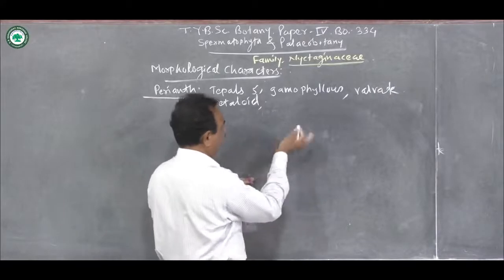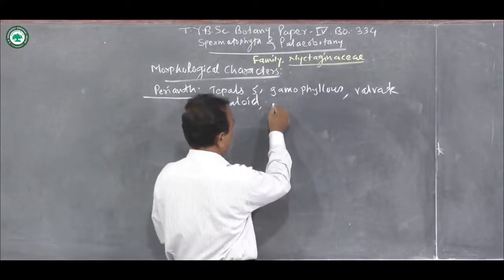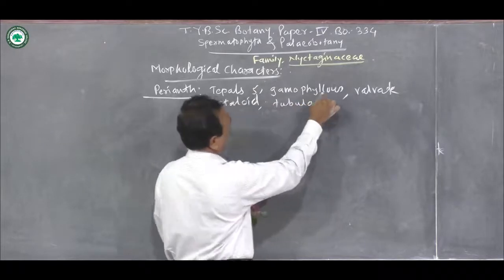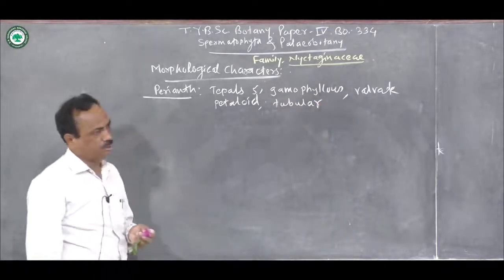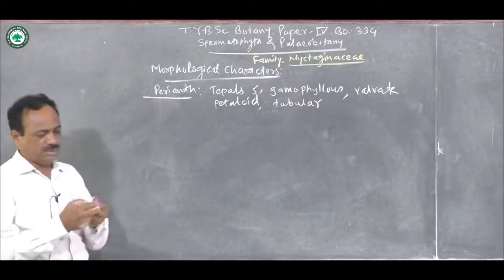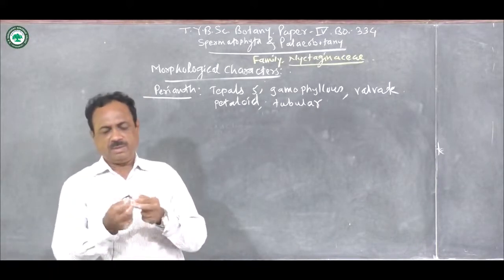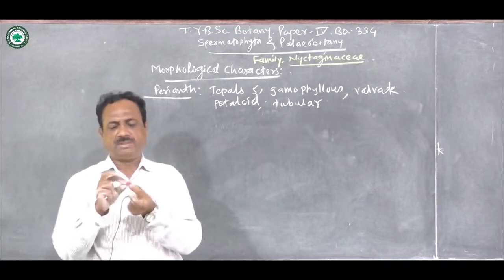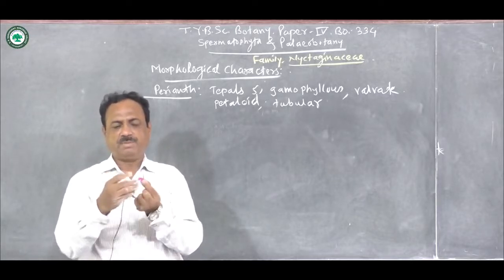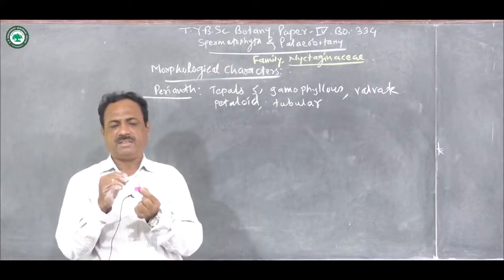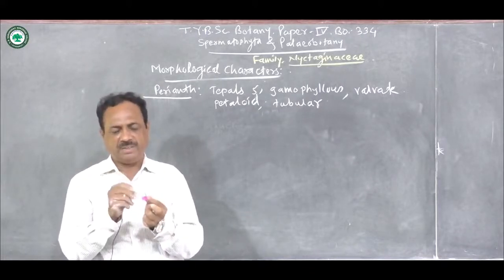And if we see this perianth in a plant like Bougainvillea, here it is tubular. So here the perianth tube is tubular. If we see the flower, it shows the presence of a bract which is colored. There is a perianth tube, and at the apex 5 lobes are visible.